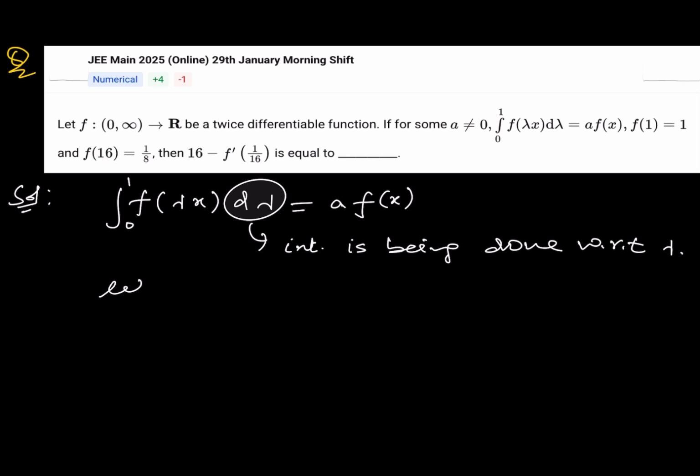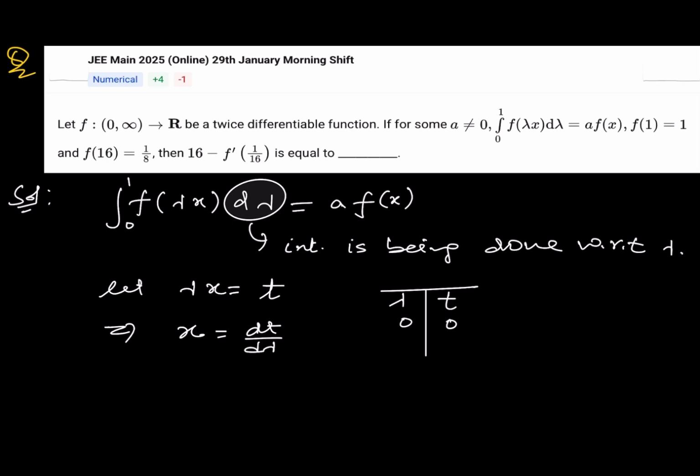So let lambda x is equal to some t, then dt by d lambda is equal to x, right? Because differentiation of lambda with respect to lambda is 1. Also, I have to change the limits. Now, if lambda is equal to 0, then t would be 0.